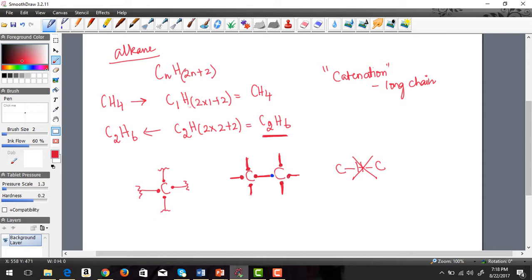So now if you noticed, we have 6 loose ends and we have exactly 6 hydrogens, right? So we will put the hydrogens where the loose ends are. Now let's go get our blue color.